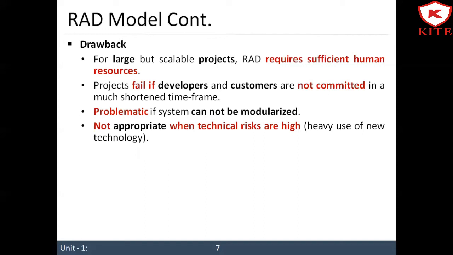Like all process models, the rapid application development approach has drawbacks. So what are the drawbacks? The first one is, for large but scalable projects, rapid application development requires sufficient human resources, because after the planning and communication activities, the modeling and construction go on in parallel.